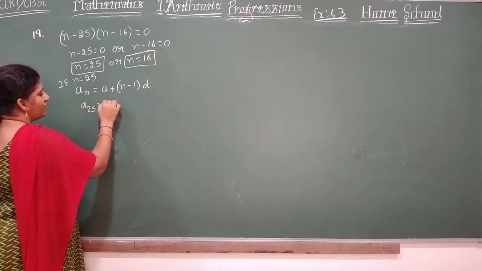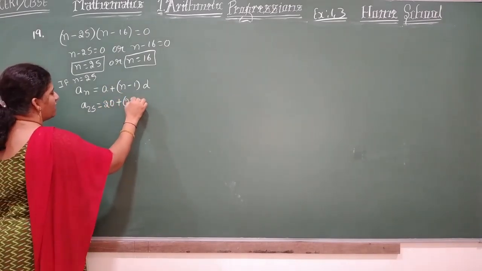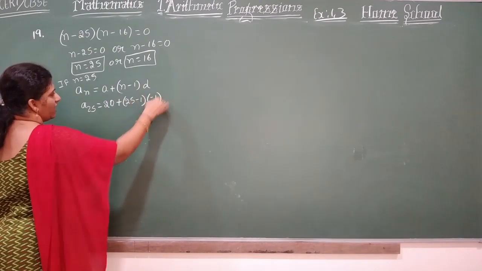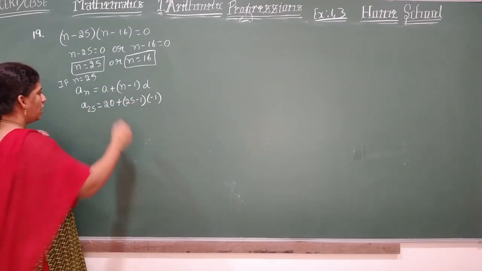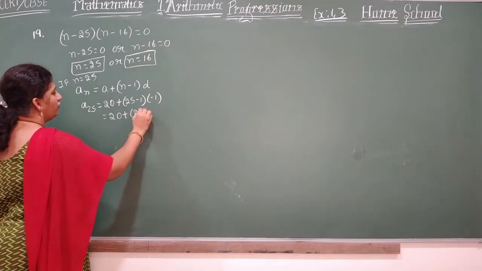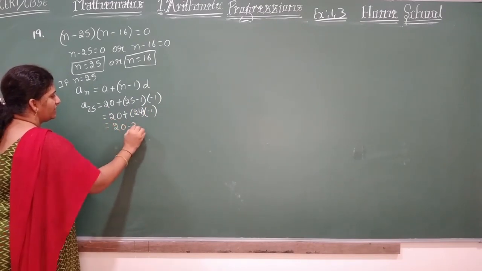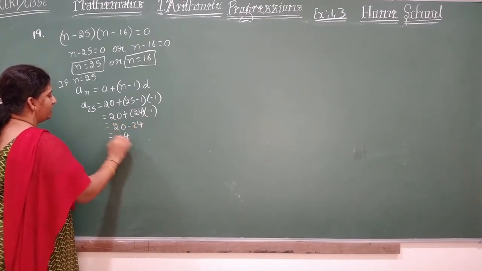What's your a value here? 20, and (25 - 1), and your d value is -1. So that will be 20 + 24 × (-1). 20 - 24 will be -4.